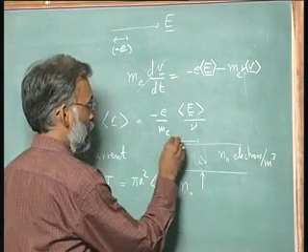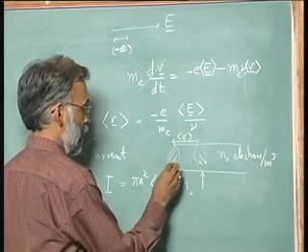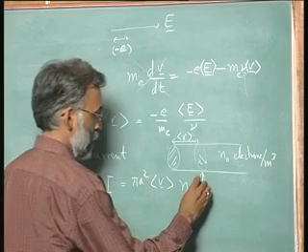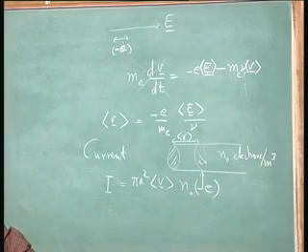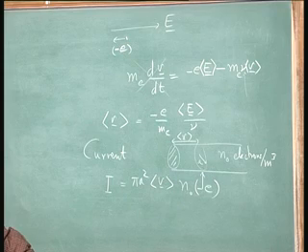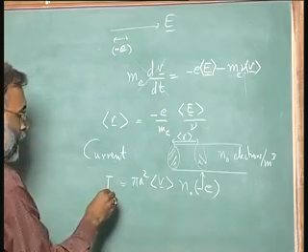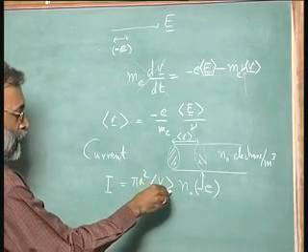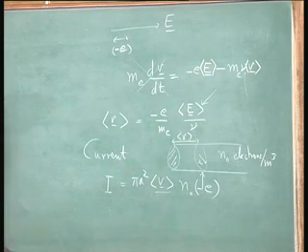So this will be V bar, and this will be the area, pi a squared, and of course I must multiply by the charge of the electron. So what it means is that ultimately the current is proportional to the velocity is proportional to the electric field.